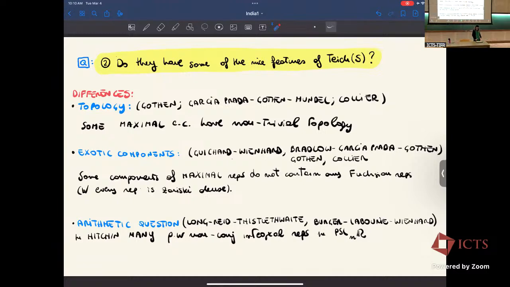And then Burger, Lafforgue, and Wienhard have other work about that. But this is all I'm going to say about this question. It is really not the direction, but I wanted to put it there as an example, such that sometimes things behave differently.